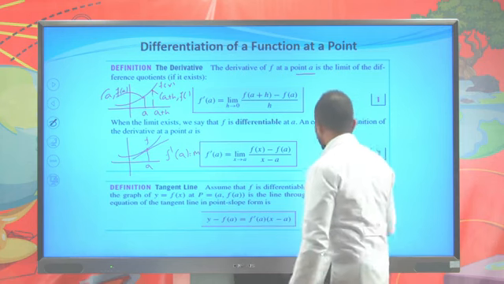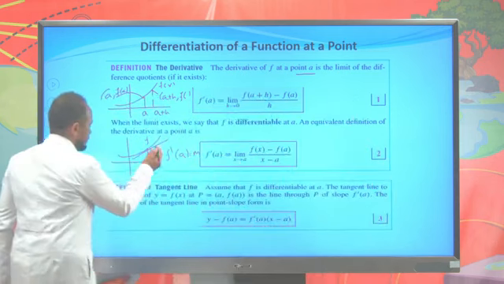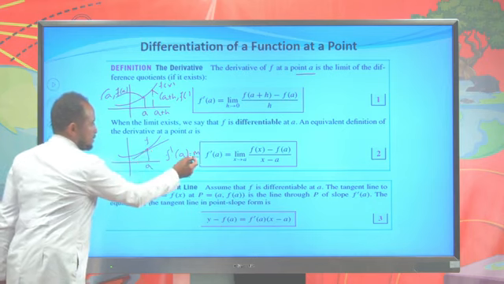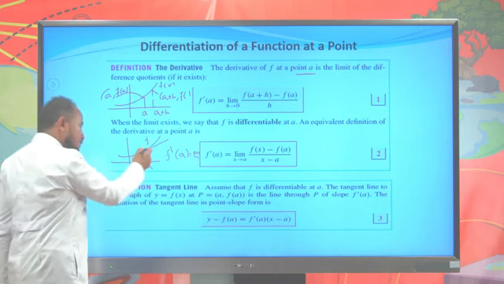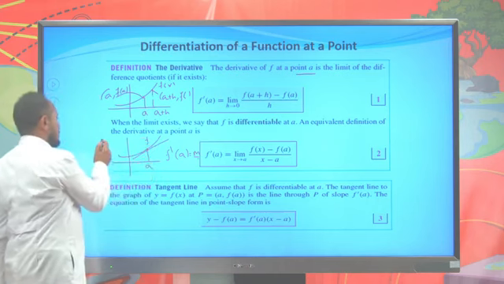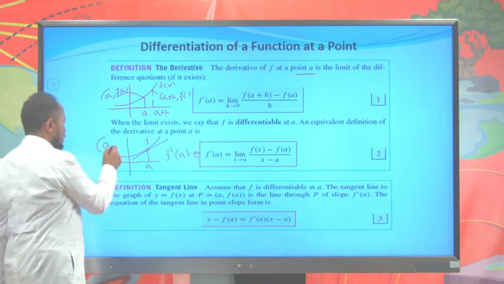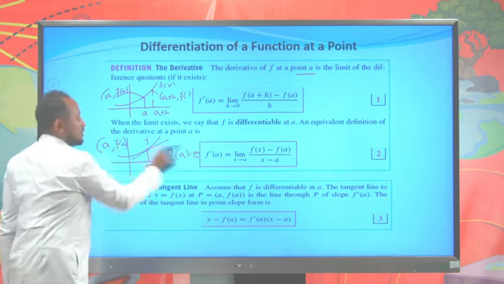This means, look, we have the slope here. The slope is this m, or it's f derivative of a. To write the equation of this tangent line, we have this point, a comma f of a. So we have this point, and we have the slope.